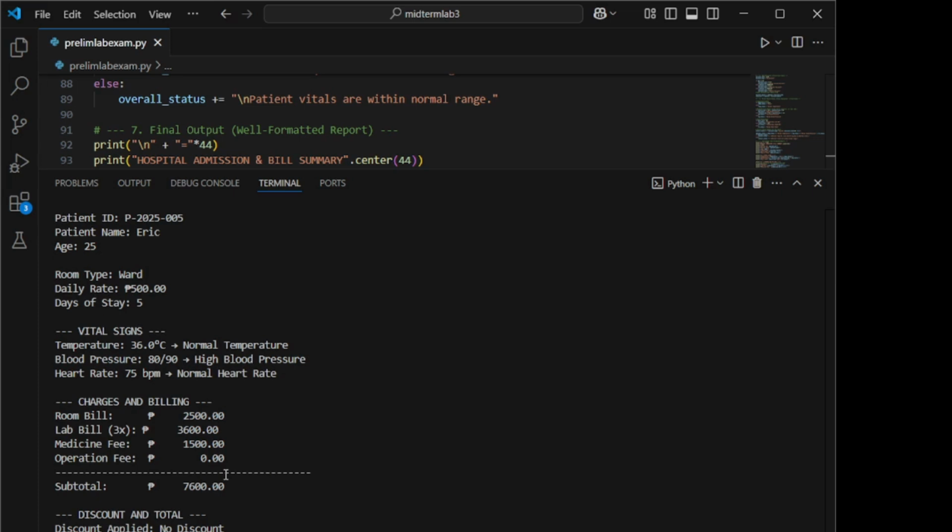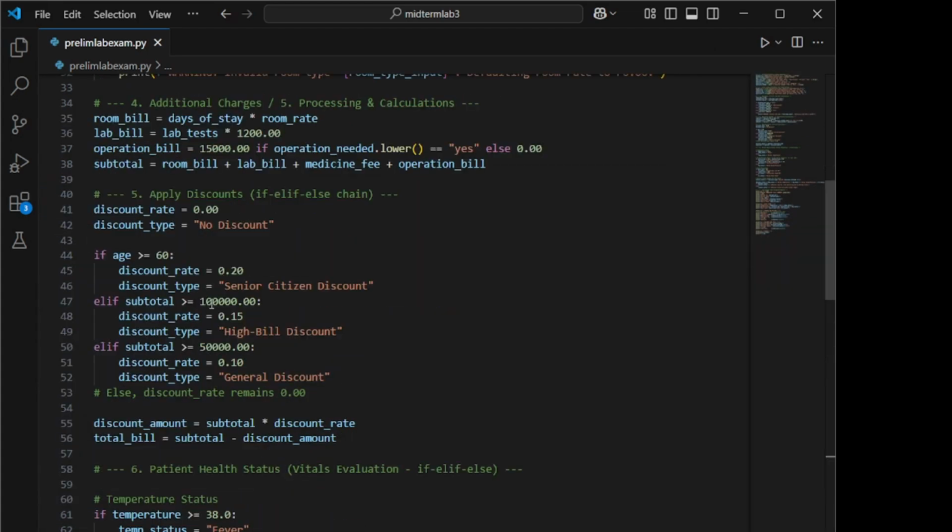And since we don't have operation, we don't need to pay the operation fee. So the subtotal is 7,600. And for our discounts, we don't have discounts since it only applies to 60 and above of age.